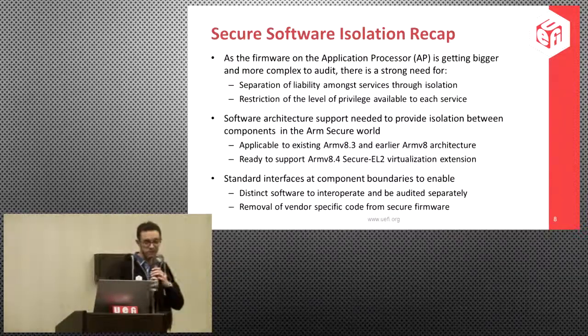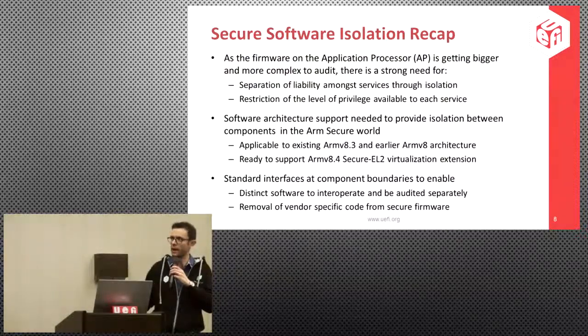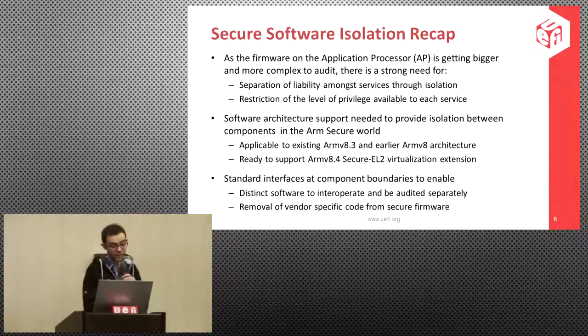So these are a set of requirements that are coming from a wide set of market segments. We are receiving these requirements from the IoT space, the embedded space, up to the cloud. So everyone that wants to leverage the TrustZone-based security wants to have some sort of isolation and privilege restriction in the secure world.